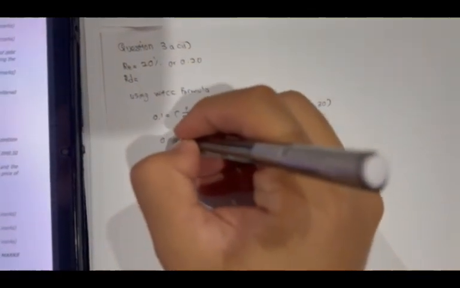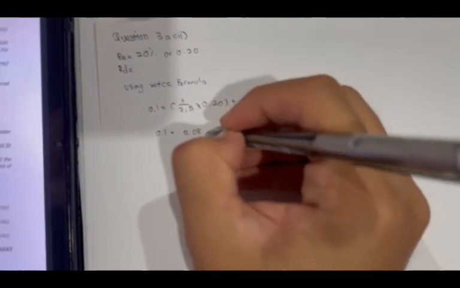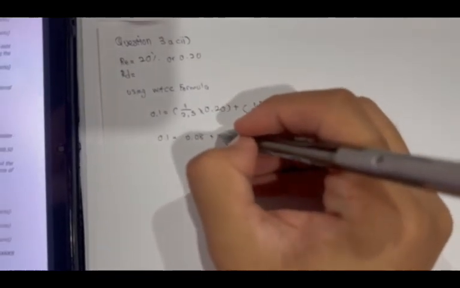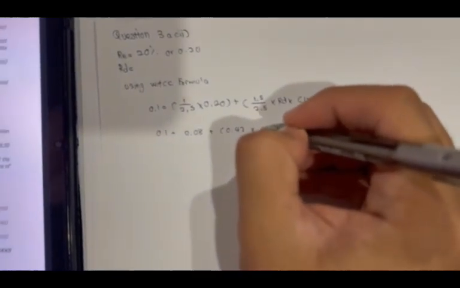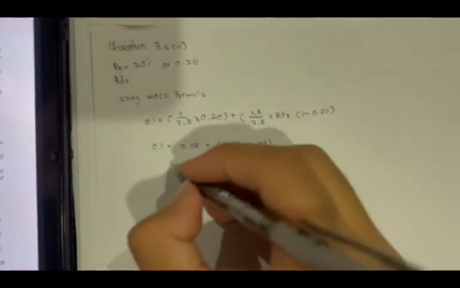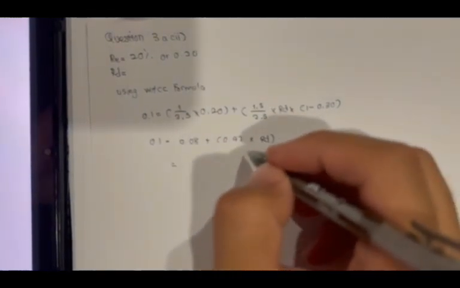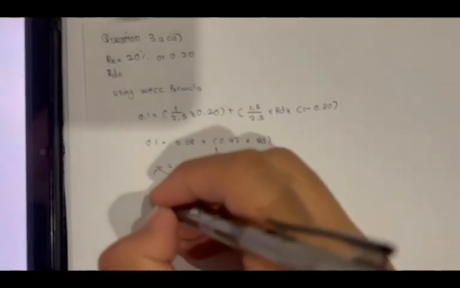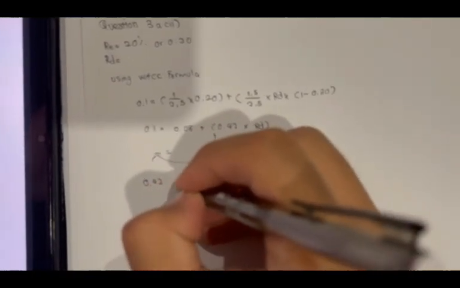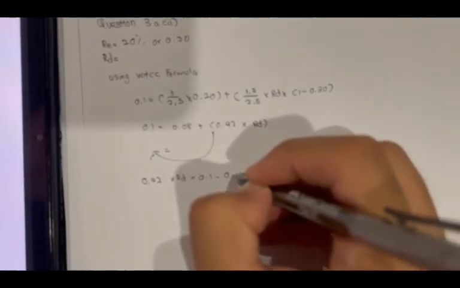Okay, this will be equal to 0.08 plus 0.42 times RD, and after that we will move the RD over. So I will write it more properly: 0.42 times RD equals 0.1 minus 0.08.